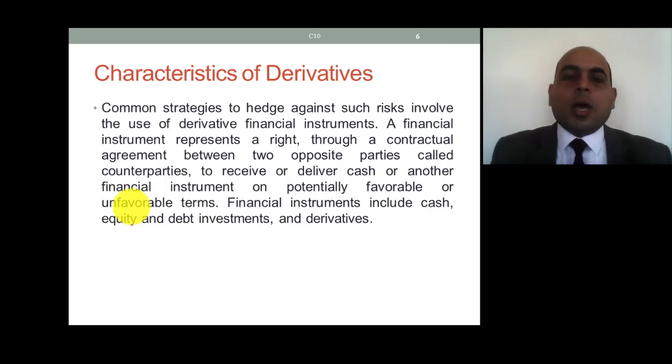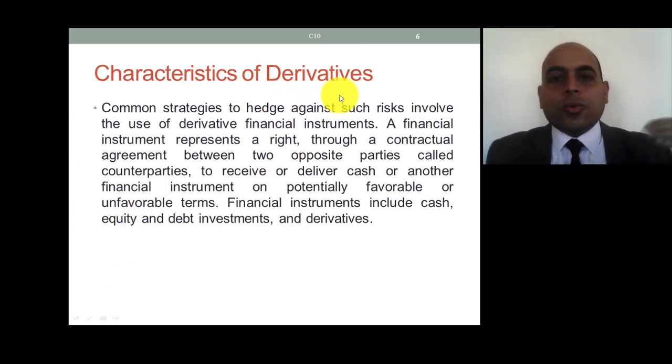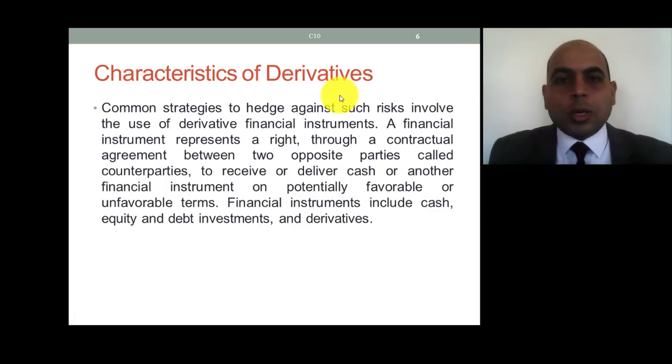This is the most important point: against the fluctuation of exchange rate risk that we have discussed in learning objective 4. We can protect ourselves by derivatives, by entering into a forward contract or futures contract, option, or whatever is the most appropriate financial instrument that we can enter into or acquire, depending on our situation.